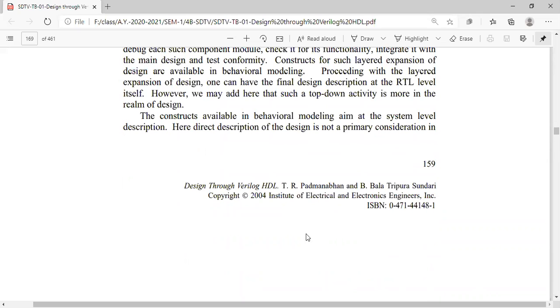So the constructs available in behavioral modeling, that is the syntax, aim at the system level description.